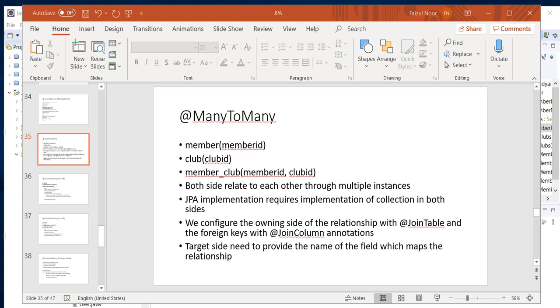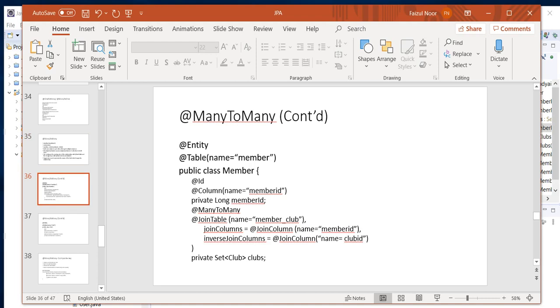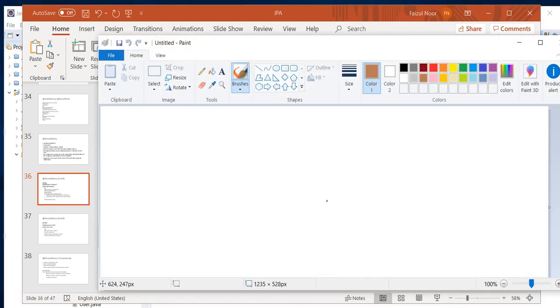We configure the owning side of the relationship with join table and the foreign keys with join column annotations. The target side needs to provide the name of the field which maps the relationship.